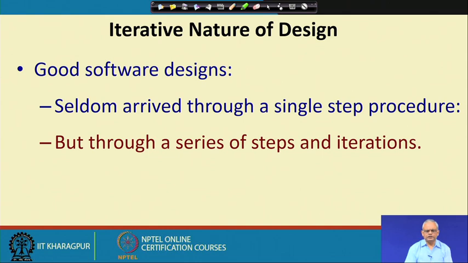Another thing that we must keep in mind is that when we try to design all the items that we discussed, the module structure, the call relationships, parameters, data structures of the individual modules, algorithms to be used and so on, it never comes as a single sequence of steps.